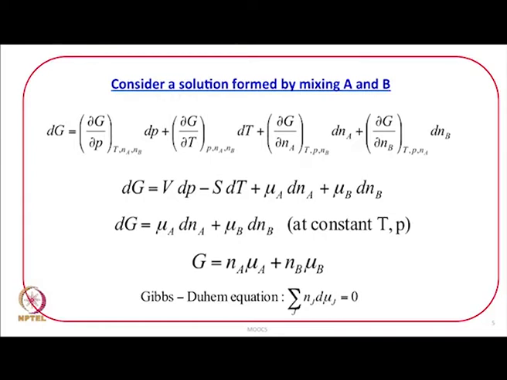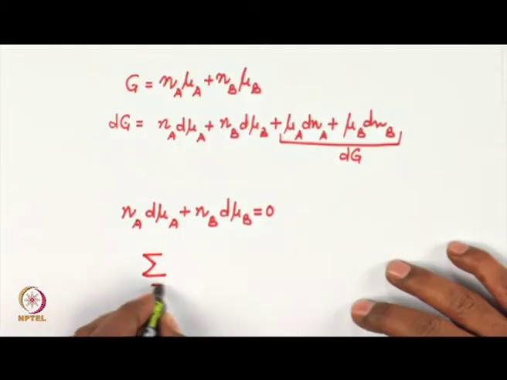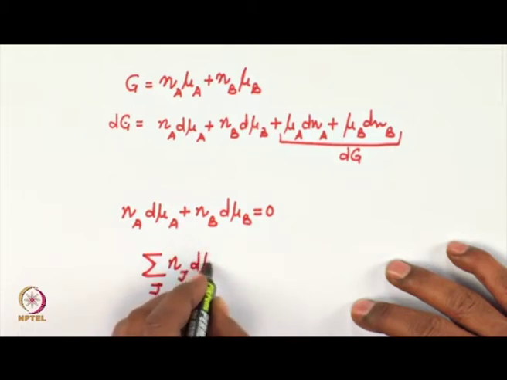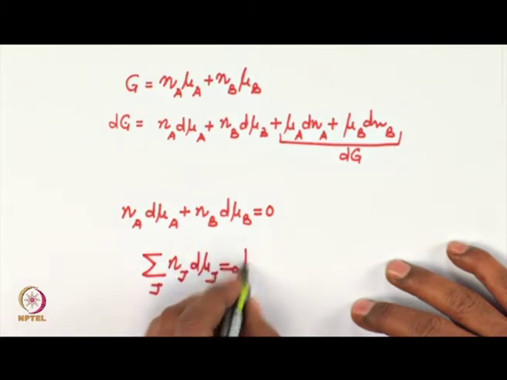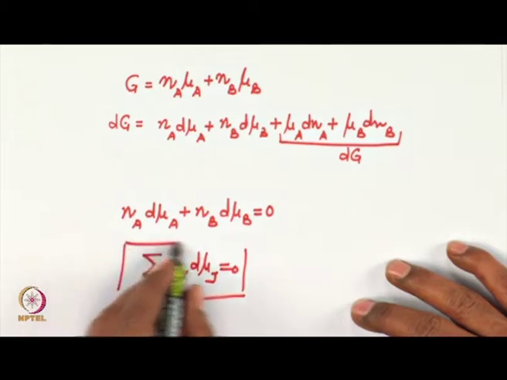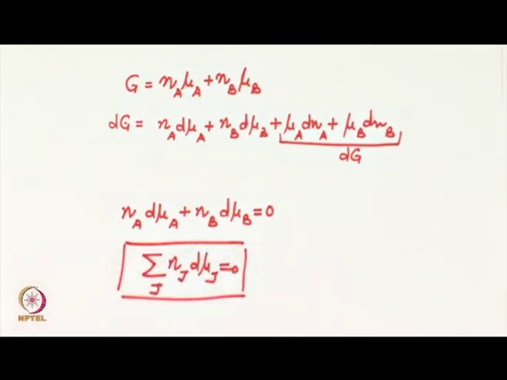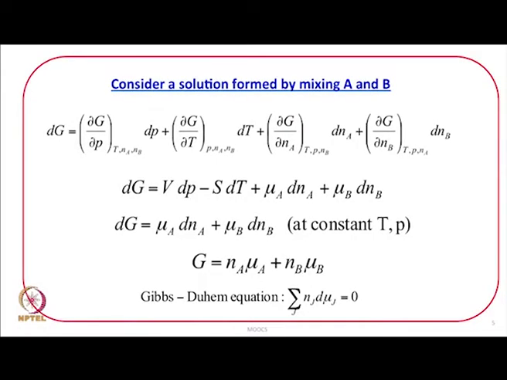In a more generalized form, we can write this as summation over j of Nj d mu j is equal to 0, and that is what we call the Gibbs-Duhem equation. Look at the slide. According to the Gibbs-Duhem equation, summation Nj d mu j is equal to 0.